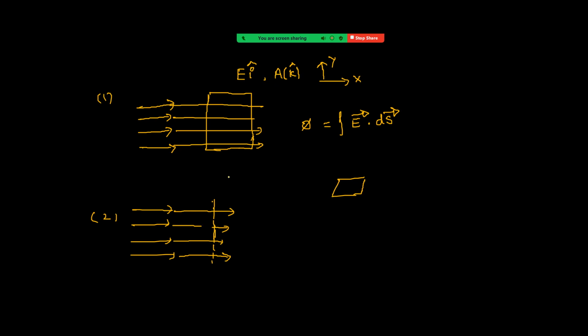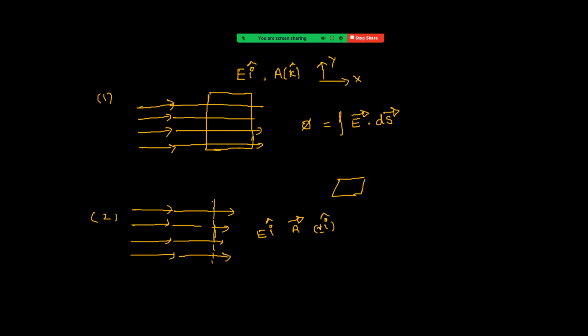Okay. Coming to this case, E bar is along the x-axis and we have taken this plane in the YZ plane. YZ plane means the area vector direction may be minus i cap or plus i cap. Okay.